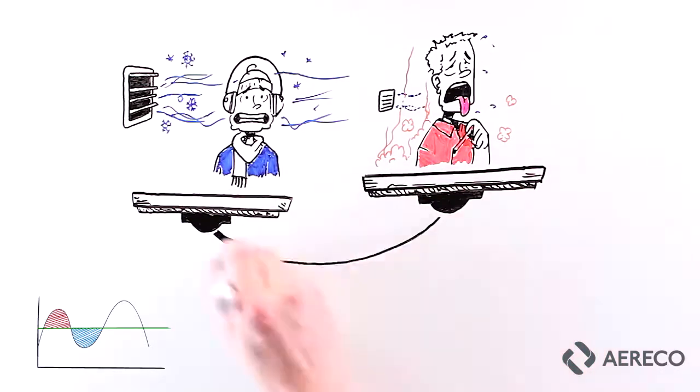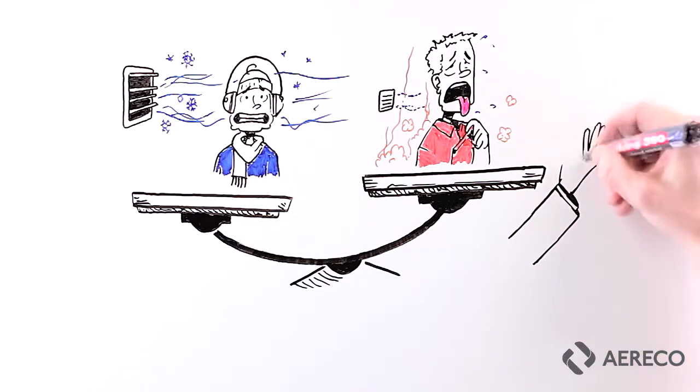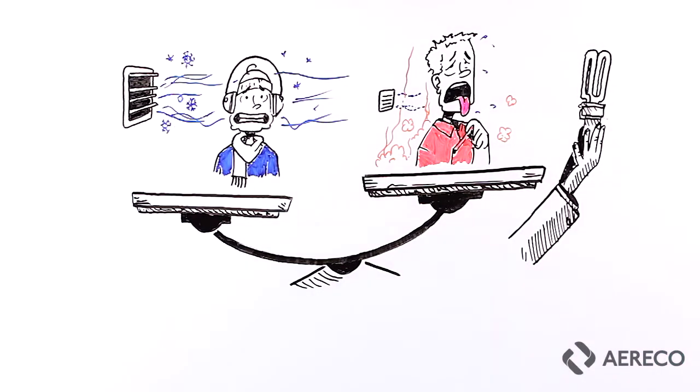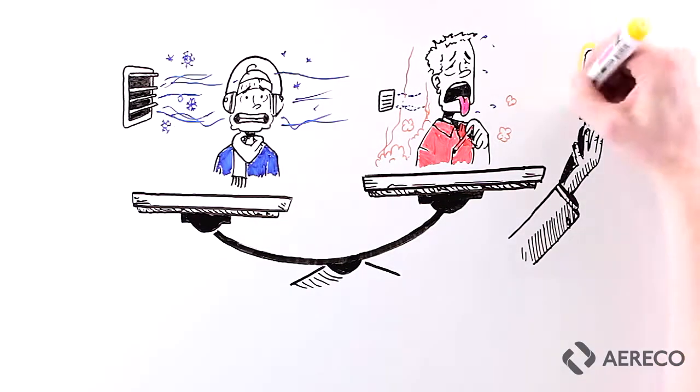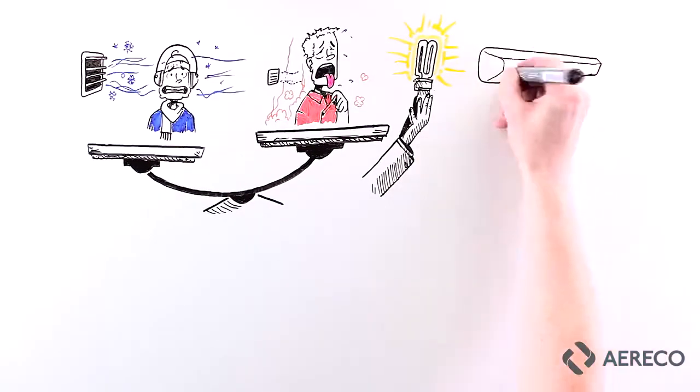This balancing act was one of the reasons MVHR has become popular, as a way of ventilating enough but doing so efficiently. But if you think about it, even MVHR without smart control is a bit like inventing an energy-efficient light bulb and insisting all the lights are left on.